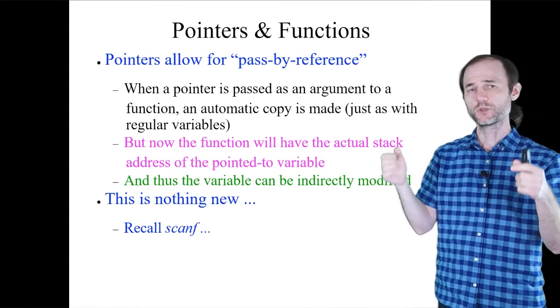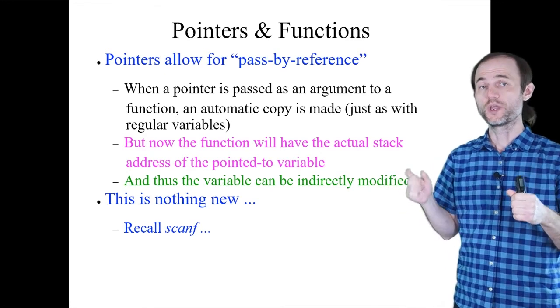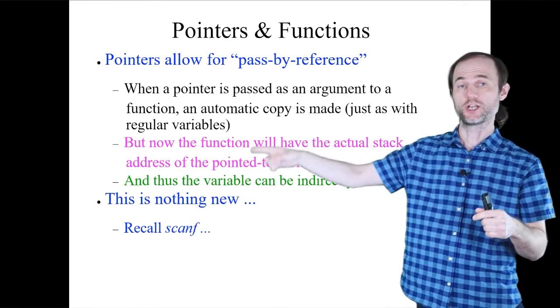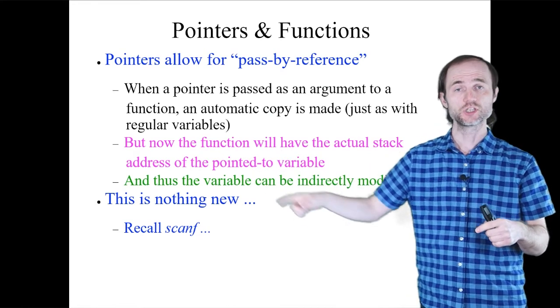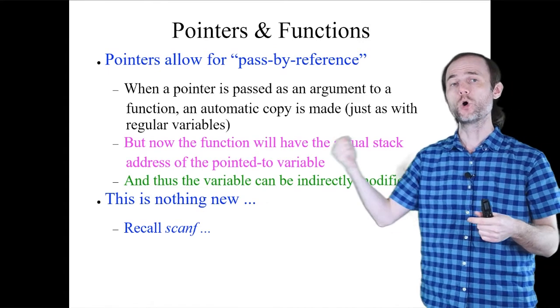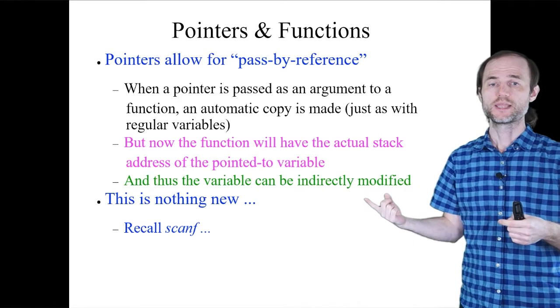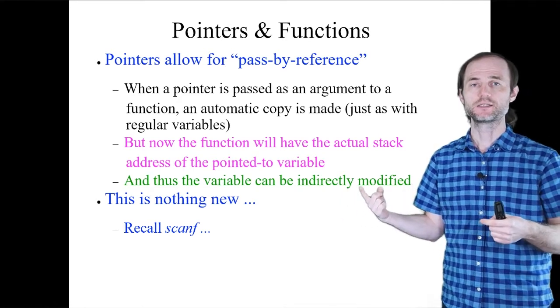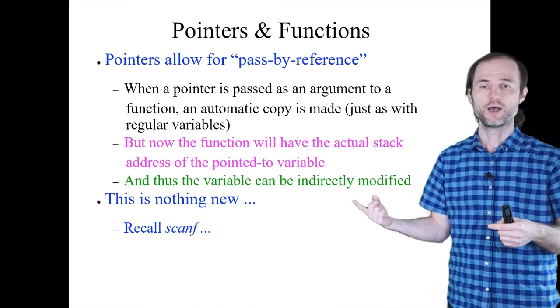But now that we've gotten a copy of the address of a variable, we can go and check out what's at that address. If we want to, we can read the value of the variable at that address or modify it. So that basically allows the function to indirectly modify the value at the address.